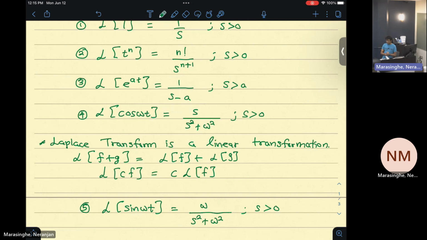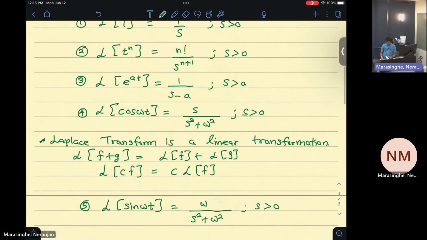And also when we are taking the Laplace transform, we need only the portion where t is greater than or equal to 0. Because by the definition, the Laplace transform of a function is the integral from 0 to infinity. We are integrating time from 0 to infinity.